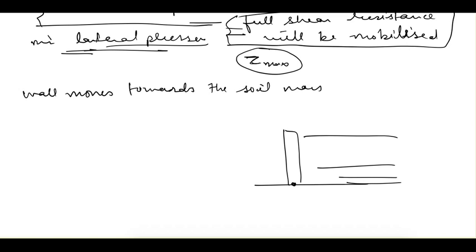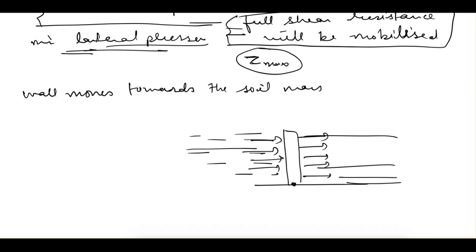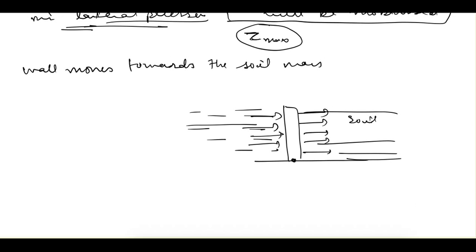Because of some other structure on the other part of the wall, or let's say some water is stored in this part, whatever is there on this other part, this force will be applied on the wall, and because of that it will try to move towards the soil. So that is the case we'll see.